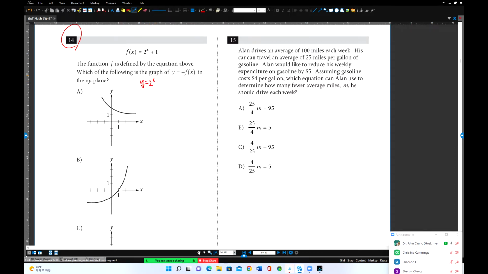That is an exponential. When x equals 0, y is 1, so it passes through this point. 2 is greater than 1, so that is growth. The graph looks like this. This is the graph of 2 to the x. There is an asymptote over here, y equals 0, the x-axis.